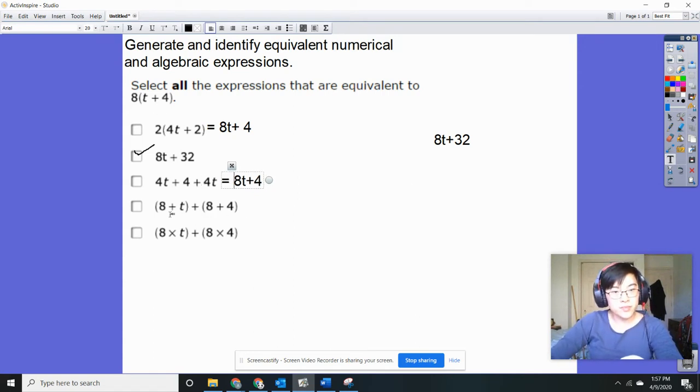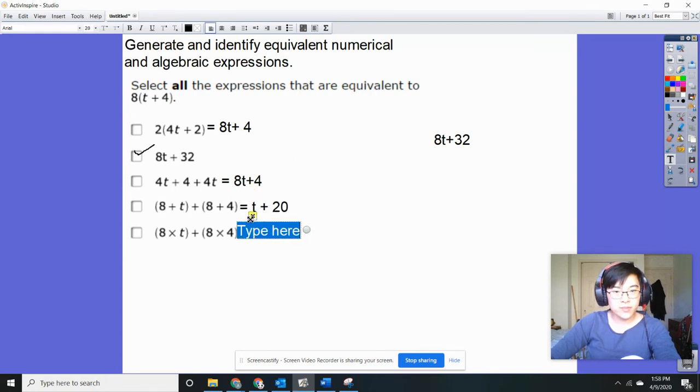And this one, I'm adding 8 plus 8, which is 16. Now this is 12 plus 8, which is 20. No, this one's equal to t plus 20, so that's not correct.